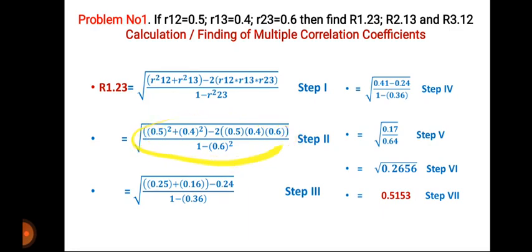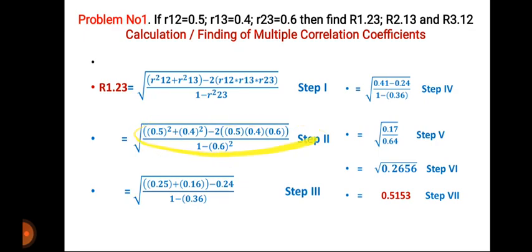Substitute the values here: R12 square means 0.5 square, R13 square means 0.4 square, and these three, 0.5, 0.4, 0.6, into 2, divided by 1 minus R square 23, means 0.6 square.